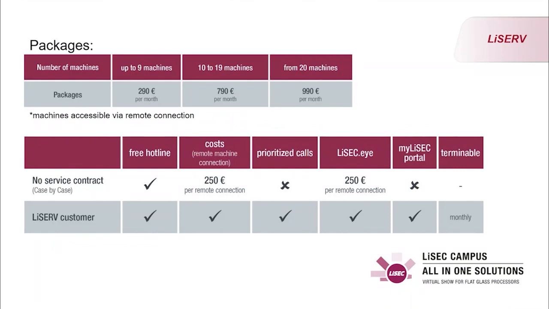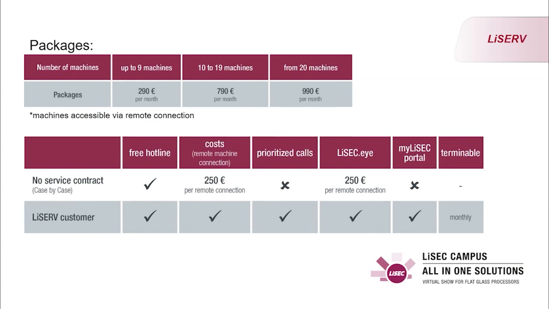And if you see on the very first chart, up to 9 machines, you pay 290 euros per month. If you have now between 10 and 19 machines, you pay 790 euros a month. And over 20 machines, you will pay 990 euros per month.